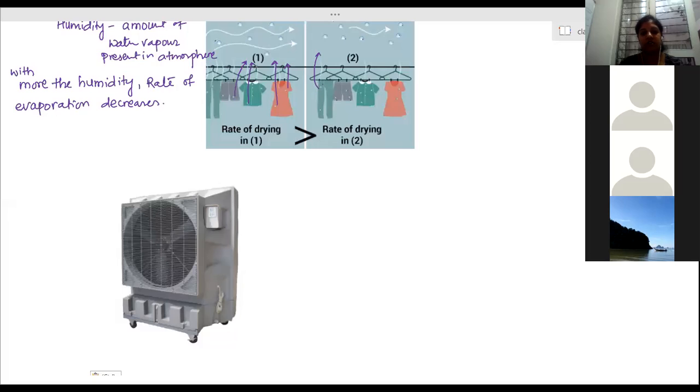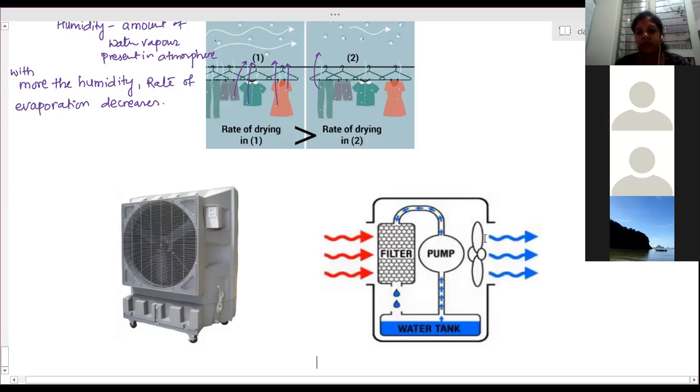For the desert cooler, there is also one question based on it. This is actually the internal part of the desert cooler.